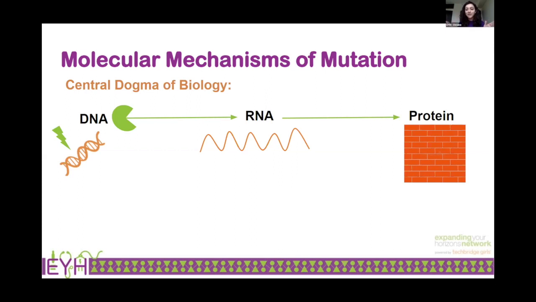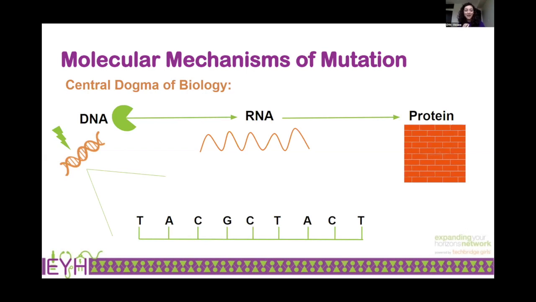So now zooming into the molecular structure of DNA, well, DNA is made up of 4 different nucleotides: thymine, adenine, cytosine, and guanine. And these nucleotides are read as a template in groups of 3s called codons.